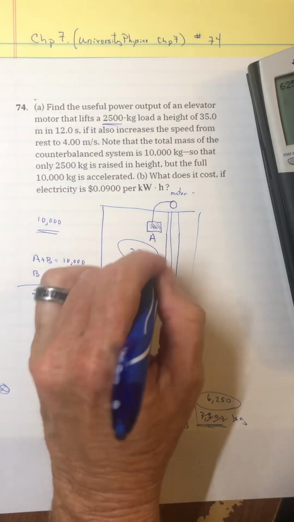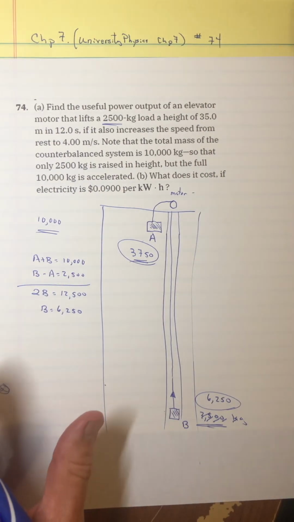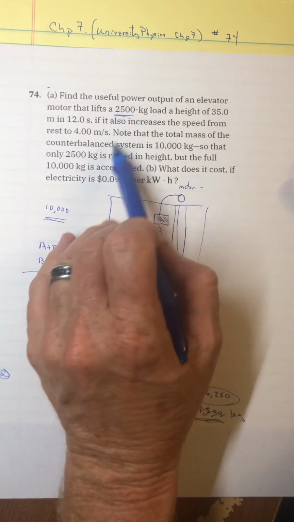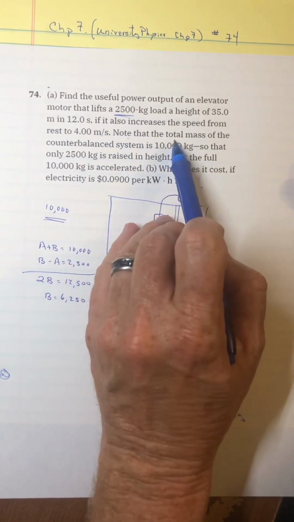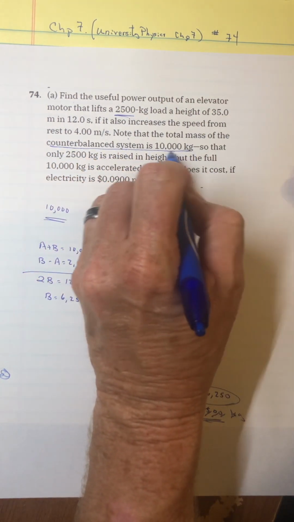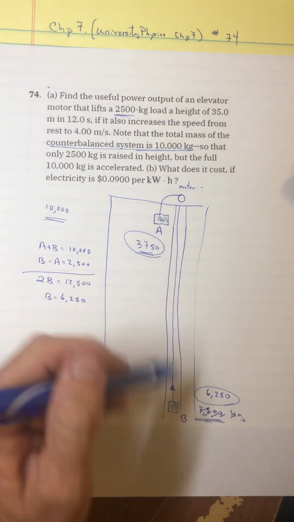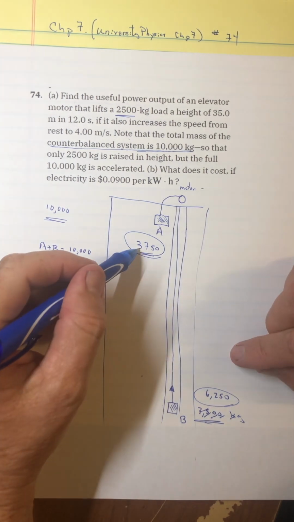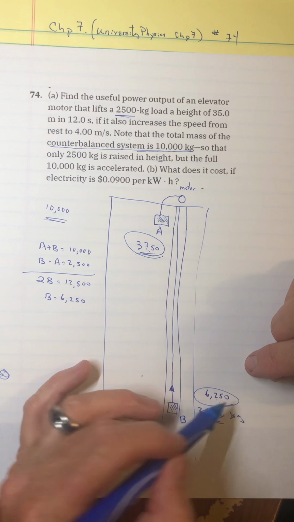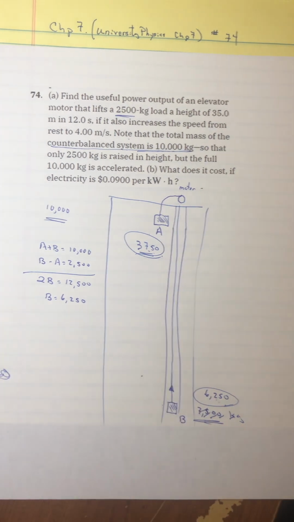This is just me kind of talking about what they mean when they use this phrase. Where is it? Note, the total mass of the counterbalance system. So these two added together. And you can see 3,750 and 6,250 each make a total, or add up to 10,000.